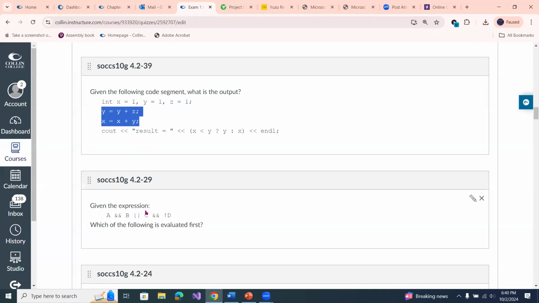Let's look at the next one. So it's just asking which of these evaluate first. So again, we're looking at order of operations. So the not is going to evaluate first. So this is first. And then we do this. This is second. Then this whole thing here would be third.